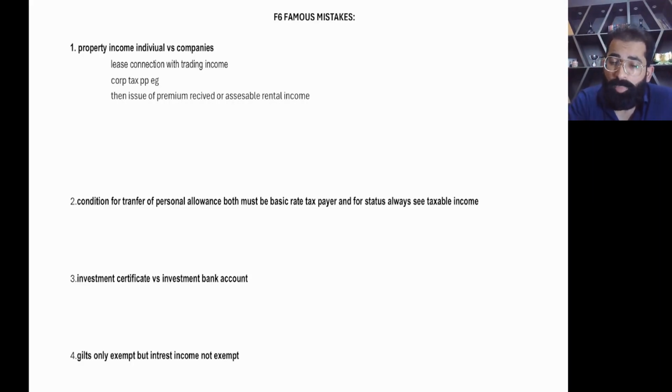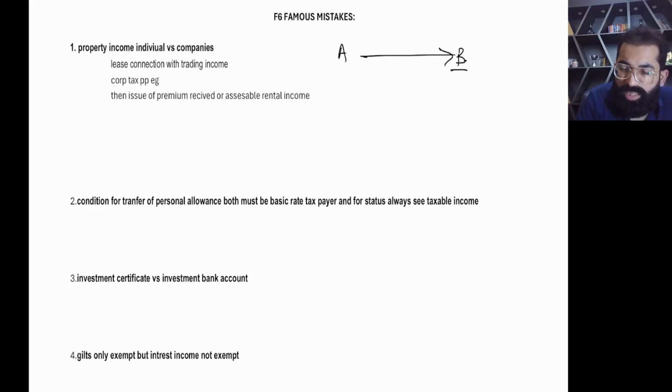But hope you remember there was one area of lease premium. So for example, you are A and this guy is B, and you have given tenancy rights to B for 10 years. So the lease term is 10 years.